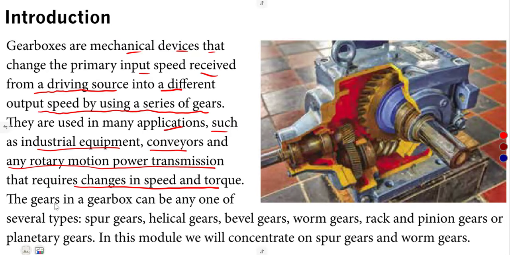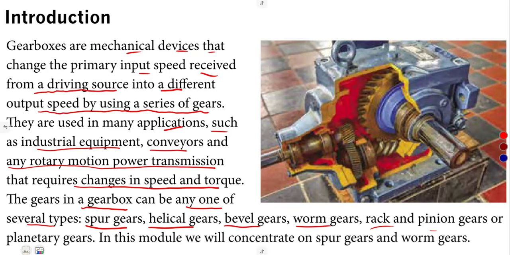Our reduction gearboxes. The gears in a gearbox can be any one of several types. We can have spur gears, helical, bevel, worm gears, rack and pinion, as we had from our previous levels, from our N4.